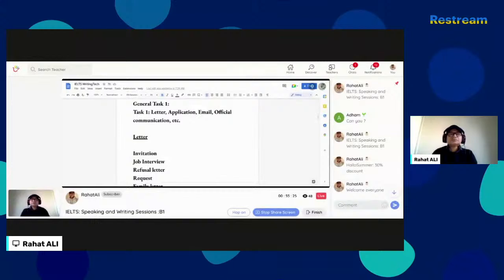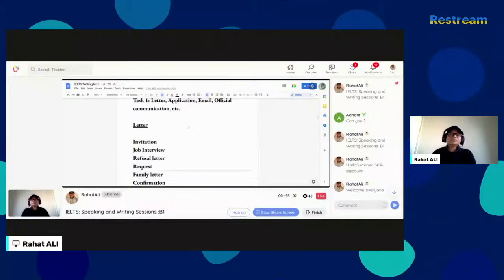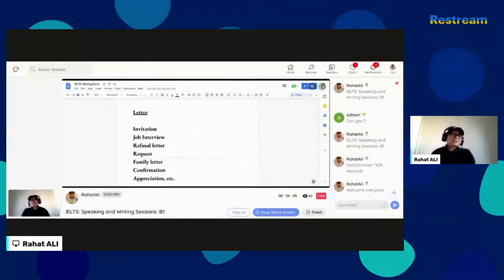So, general test task 1. Task 1 has a variety of communication types like letter, application, email, official communication. There are many kinds of letters like invitation, job interview, refusal letter, request, family letter, confirmation, appreciation.